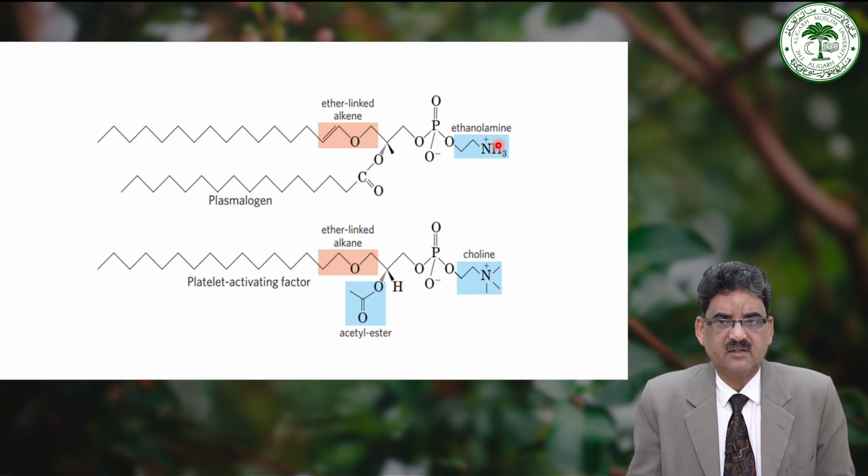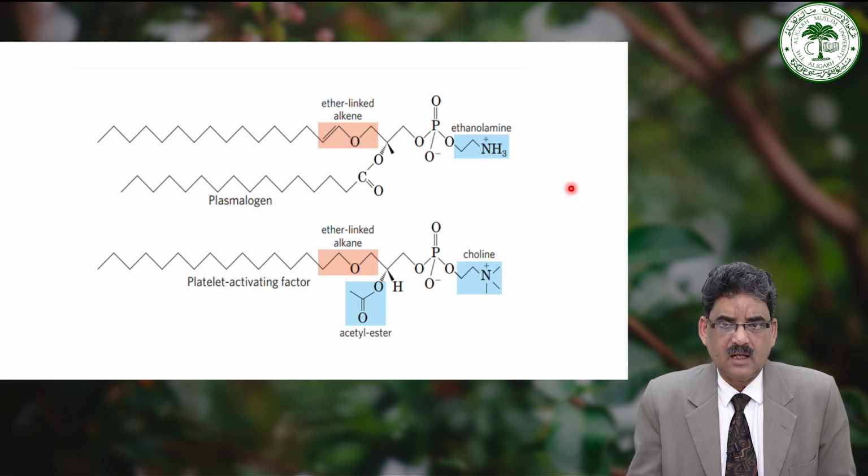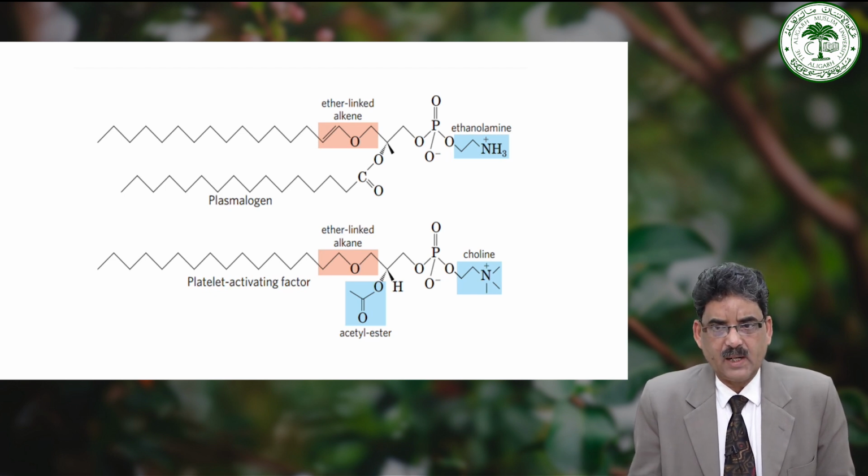As you can see in the figure, ether lipids, plasmalogens, have an ether-linked alkyl chain, whereas most glycerophospholipids have ester-linked fatty acids. Moreover, platelet activating factor has a long ether-linked alkyl chain at carbon 1 of the glycerol, but carbon 2 is ester linked to acetic acid, as you can see in the figure.